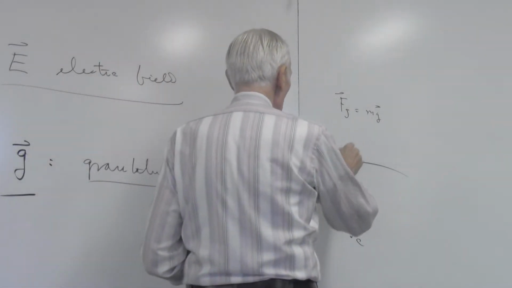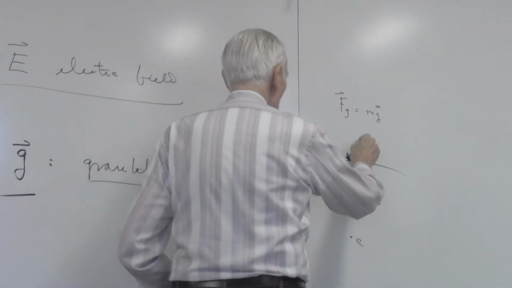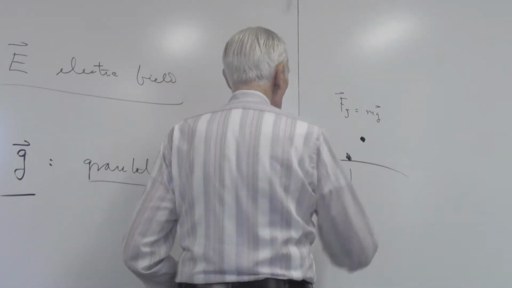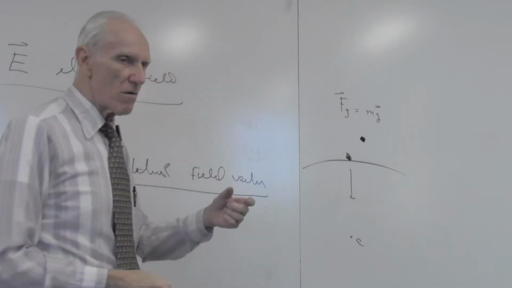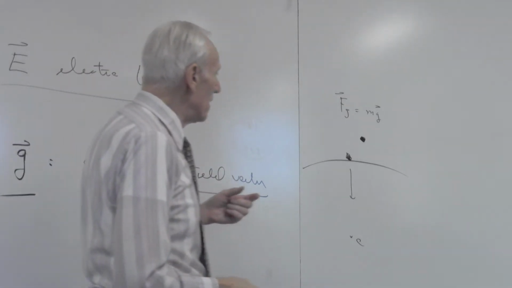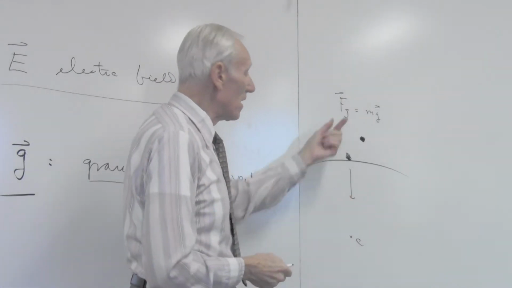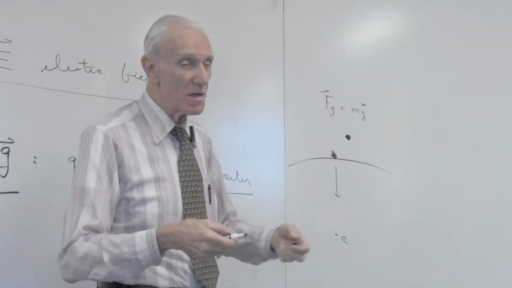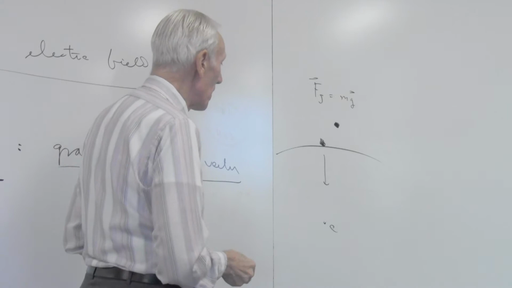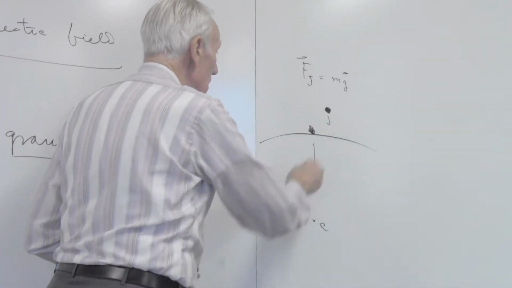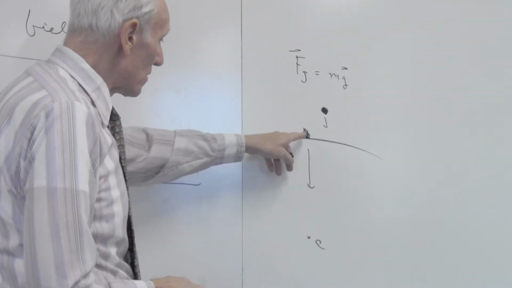But what if you pick this object off the ground and you let it go? It would still have a weight. It would still be near the surface of the Earth. It would still have a weight of m times g, 9.8 meters per second squared. But it's going to fall. So there's a force on it. There's a force on it here.